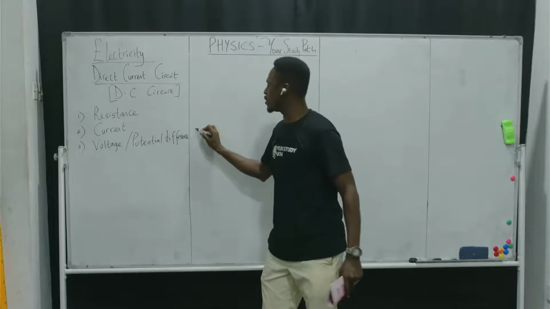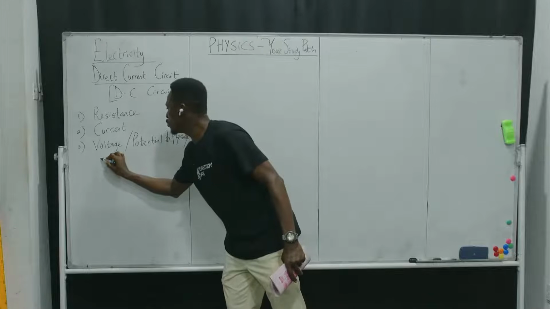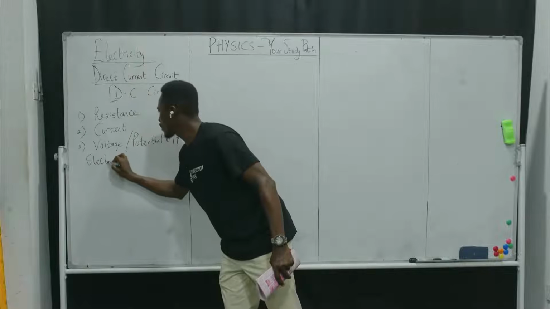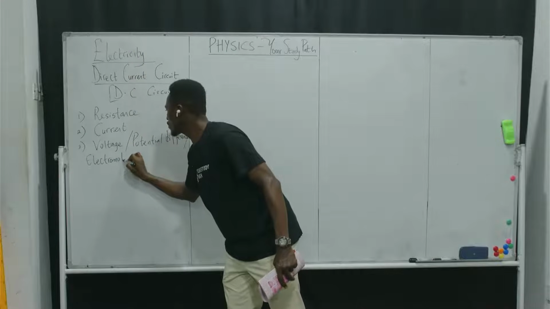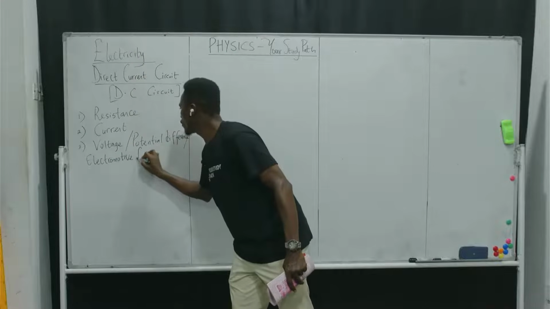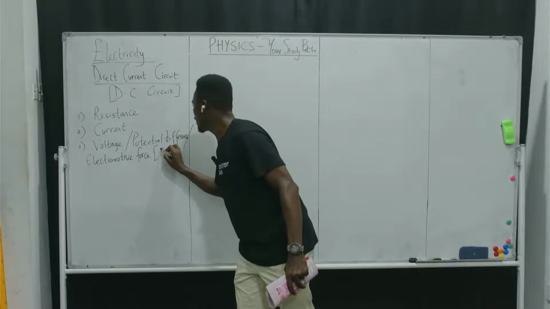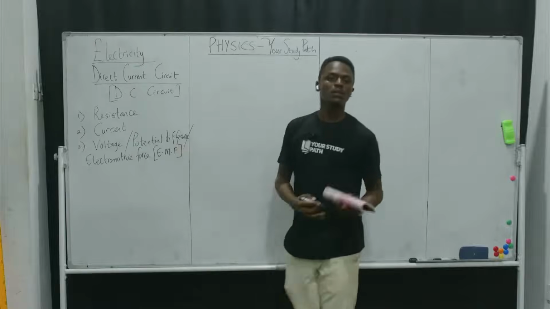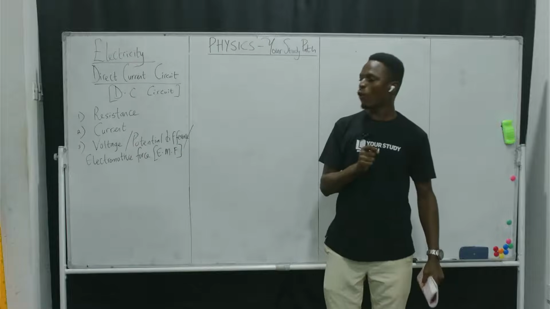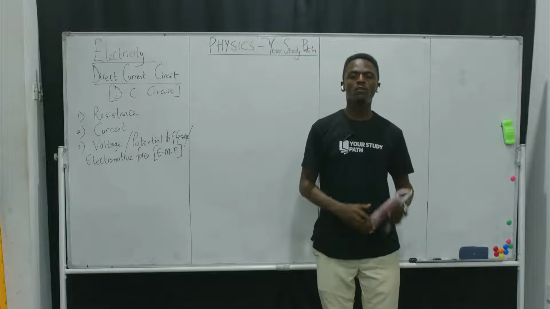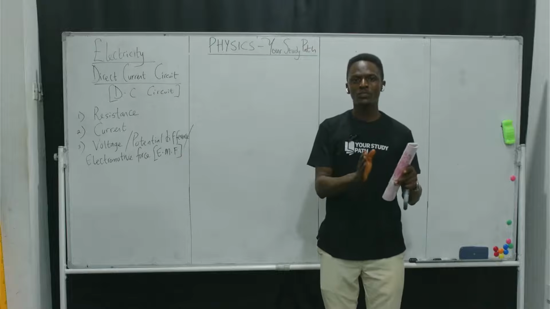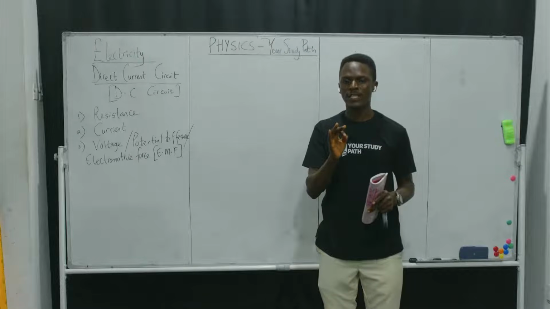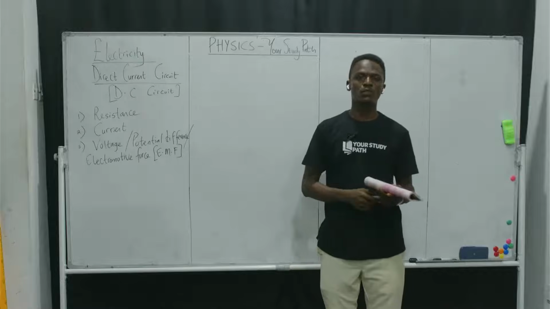Not limited to this, you can also see them use electromotive force, EMF. So these serve as physical quantities revolving around your voltage. Now you want to get right into understanding these key elements as the first phase of your DC circuit.